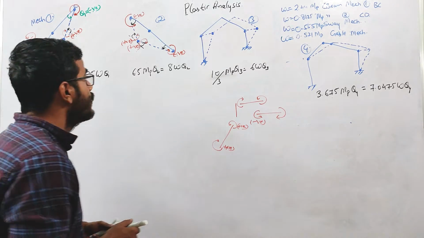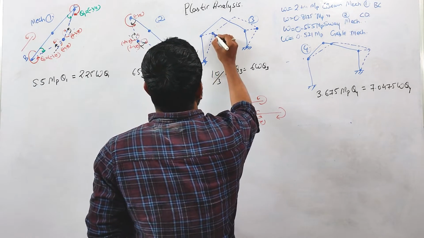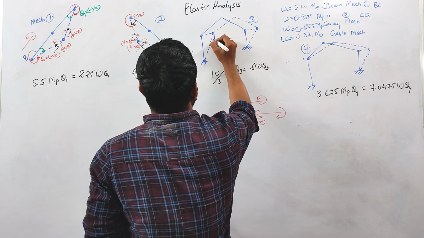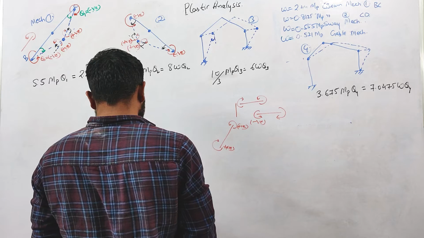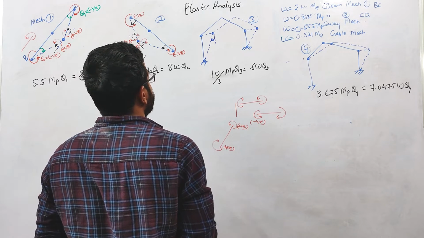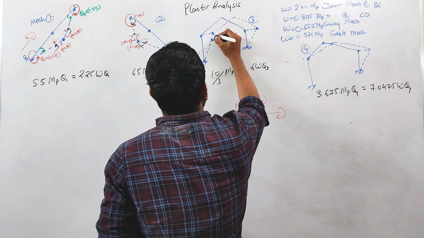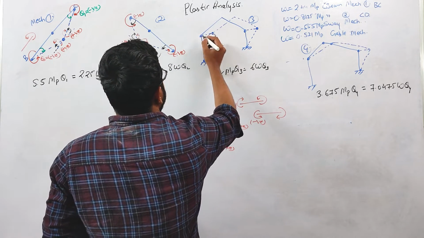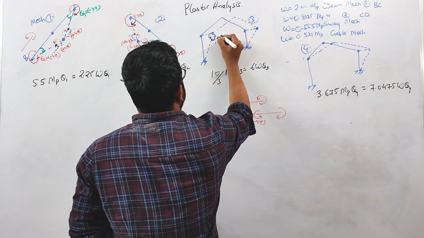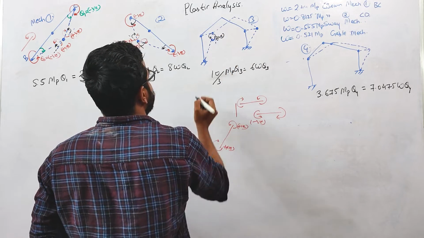Okay, so here you can see that this member is rotating in which direction? In clockwise direction, right? So to balance, the plastic moment will act opposite to this direction. Okay, so this theta will be positive because this moment is producing compression outside.